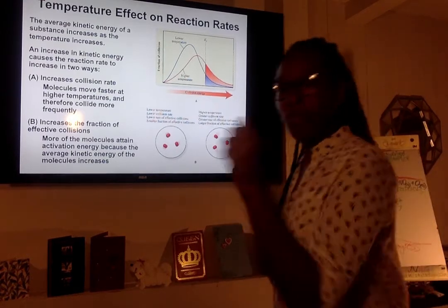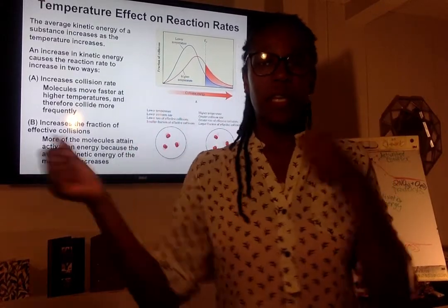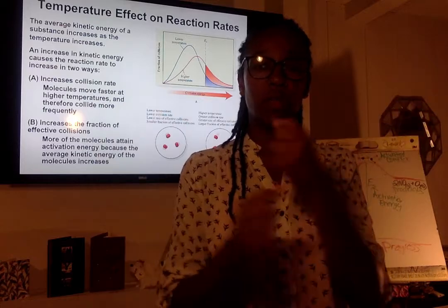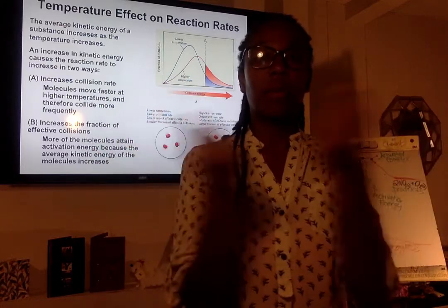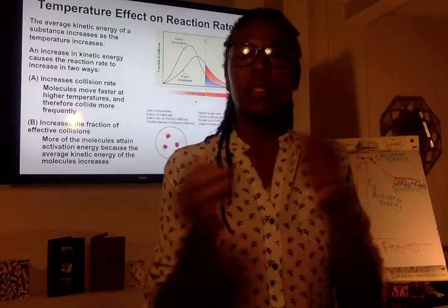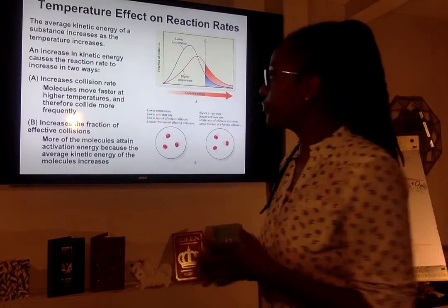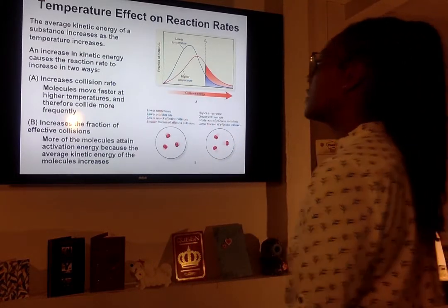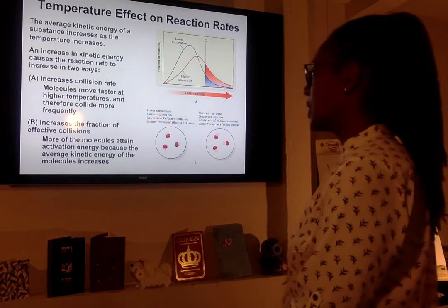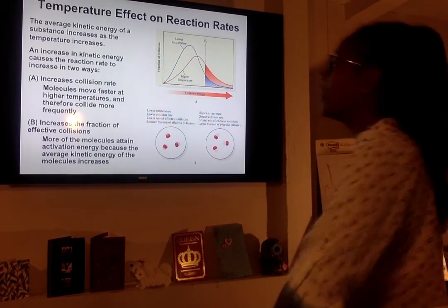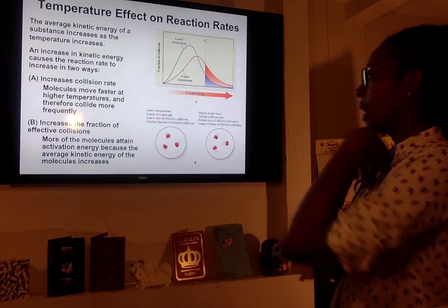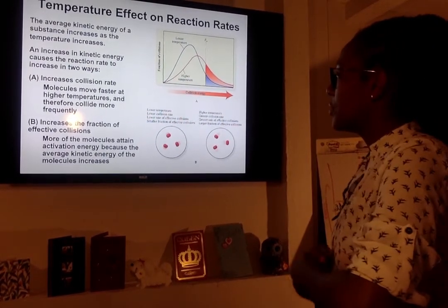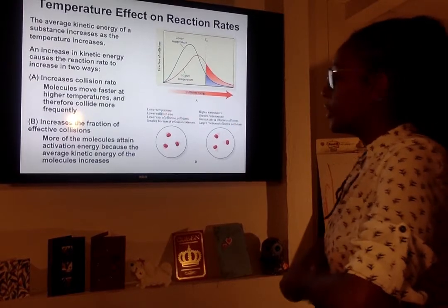If particles are moving slowly, they could eventually run into each other. But if they're moving quickly, they're going to run into each other a lot sooner. And then the second way is that it increases the fraction of effective collisions. More of the molecules attain activation energy because the average kinetic energy of the molecules increases.